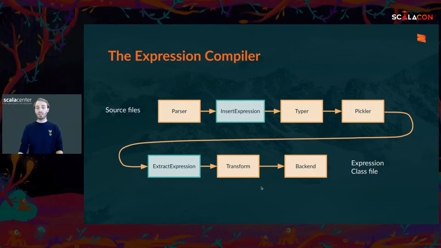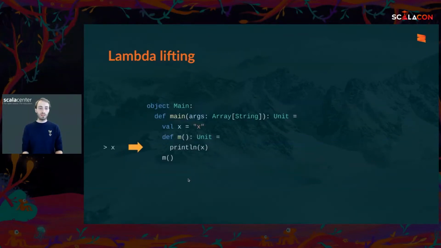So in some cases, the extract expression phase doesn't know all the information that we will need to evaluate the expression. I have an example for that, which is lambda lifting. In Scala, we have a concept of local methods. So here I have a method m, which is inside another method main.